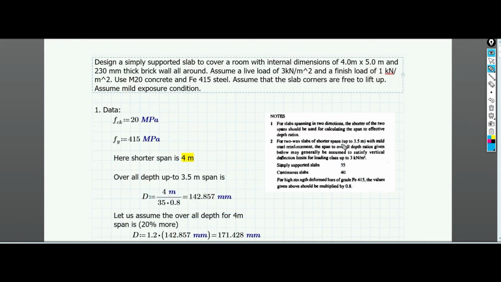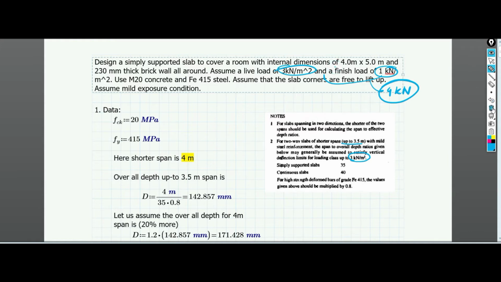But this is for a span of 3.5 meter as well as a load of 3 kilonewton. Here you can see the live load is 3 kilonewton and the floor finish load is 1 kilonewton. So obviously it is more than 3 kilonewton, it is giving 4 kilonewton load, and the span is also more. So your depth should be increased.